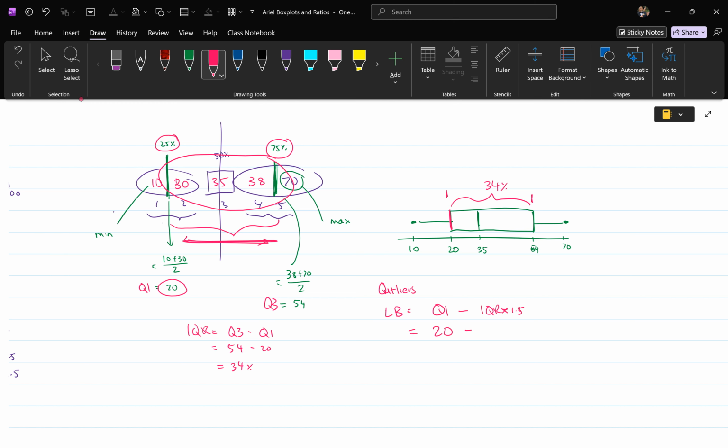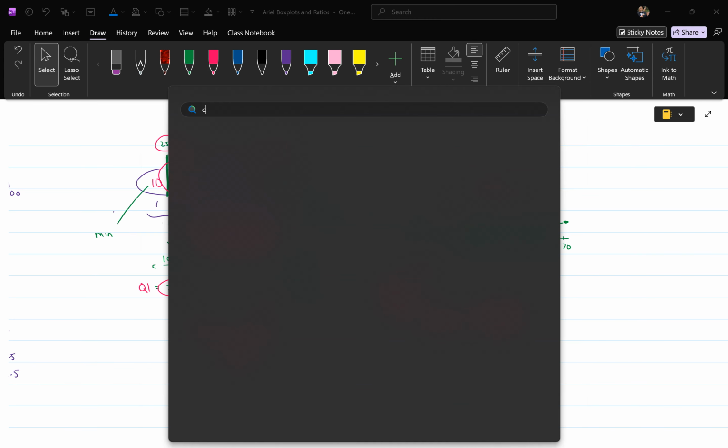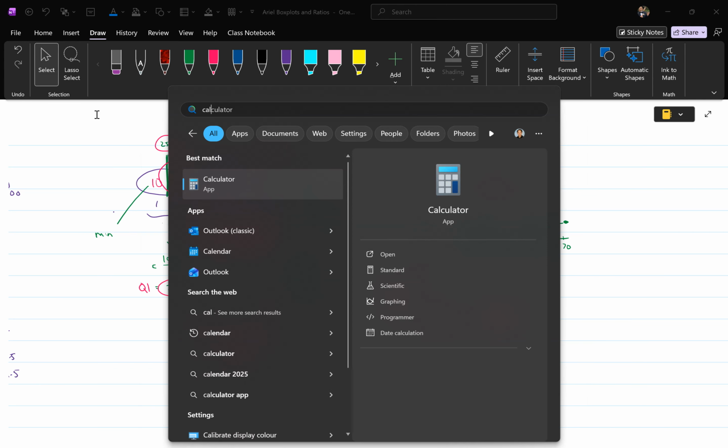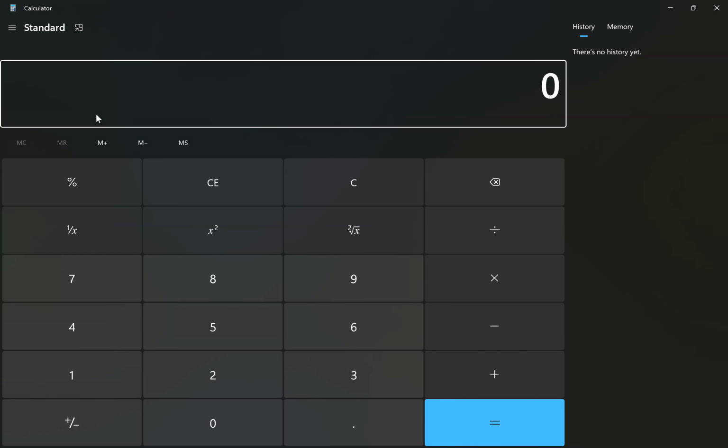So whoever scored below 20, I'm going to go further in this direction by 150% of the IQR. So the IQR is 34 times 1.5, and whatever that is, that's your lower boundary. Okay, so do I have a quick calculator? Where's the calculator? Calculator. Okay. So let's do, what do we want? 34 times 1.5. So 34 times 1.5 is 51.